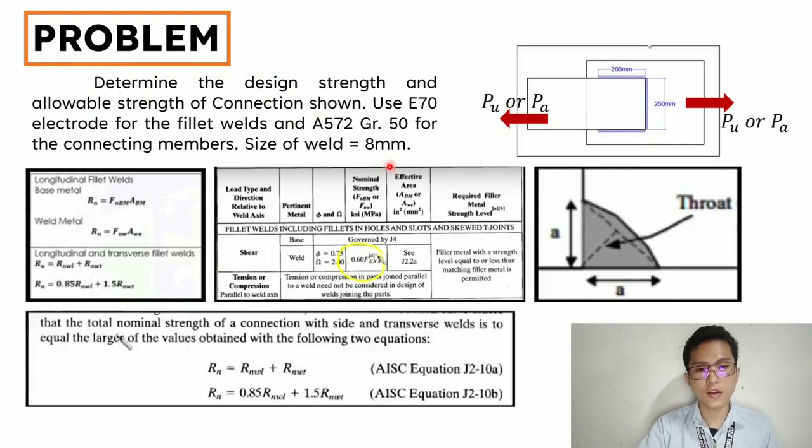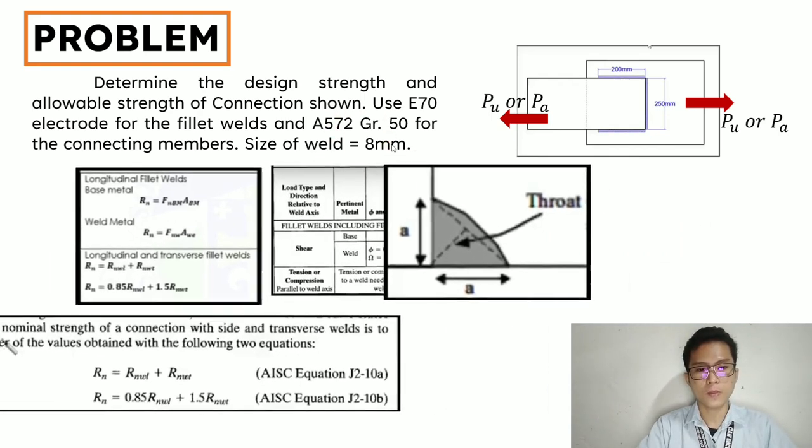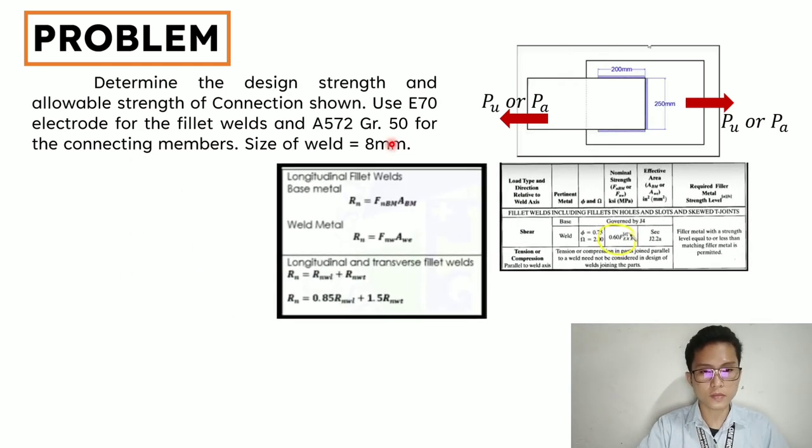These are the equations that we'll be using in order to solve the problem. So first, as I have said earlier, it is for welded connection, so we are using this equation.